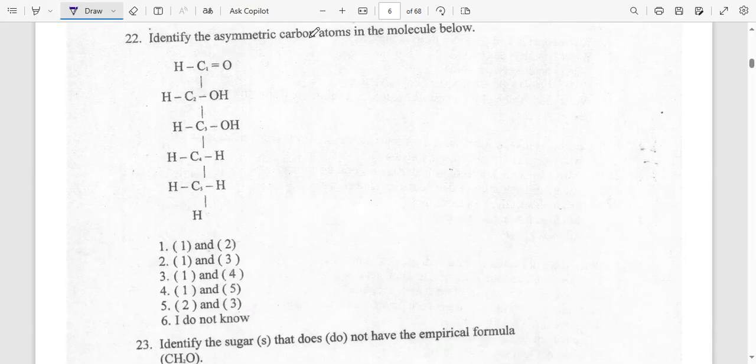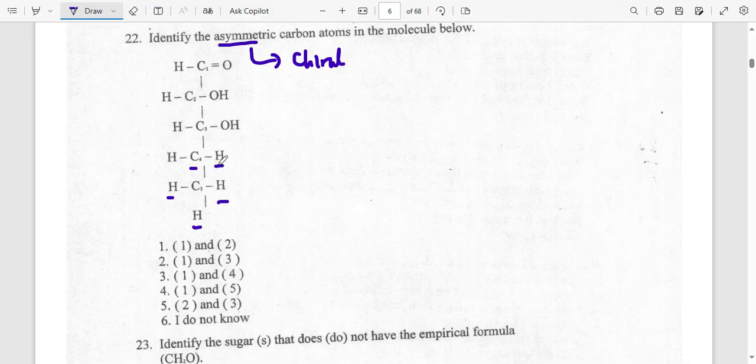Identify the asymmetric carbon atoms in the molecule below. Asymmetric is also called chiral. A chiral carbon is a carbon that is bonded to four different things. Four different things. You can see carbon number 5 has got 3 hydrogens, so it's not chiral, it's not asymmetric, it's symmetric.